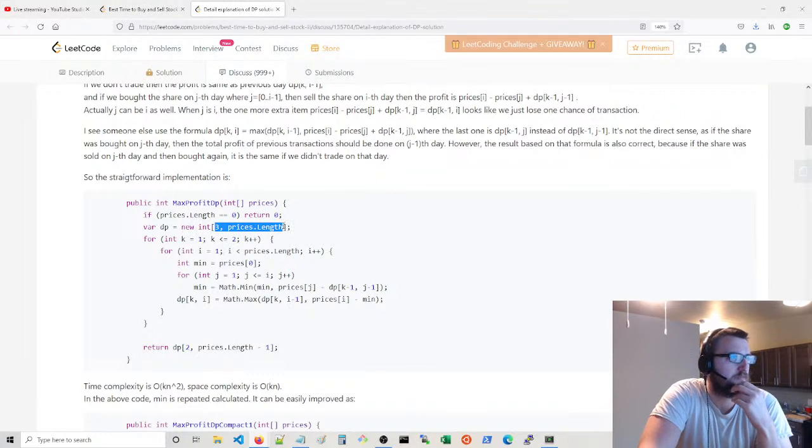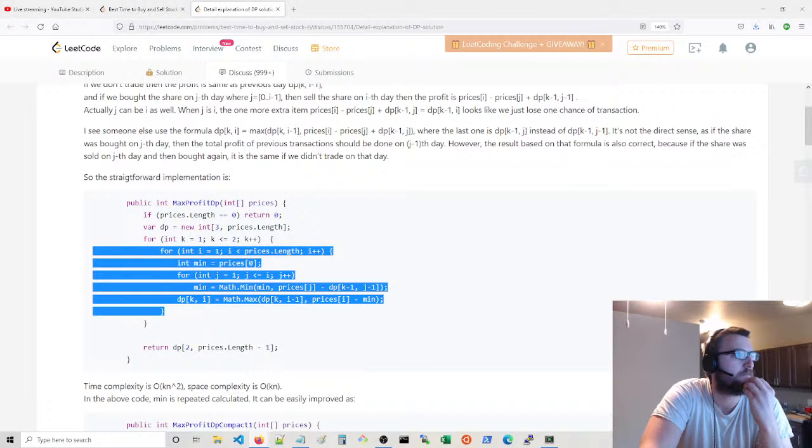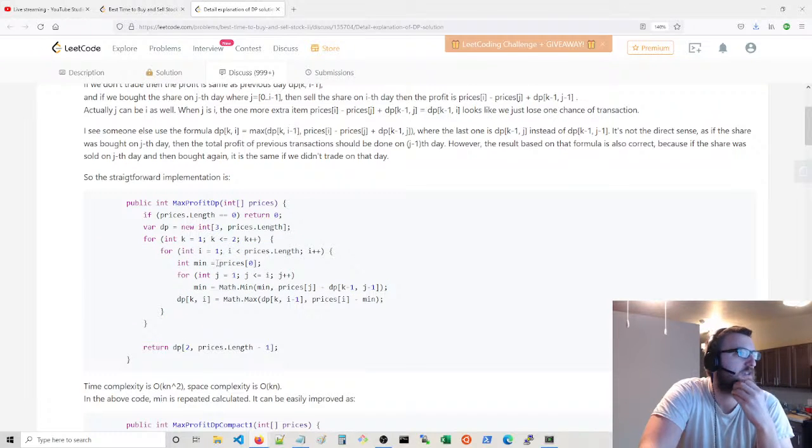So new int of prices.length for the DP. For each k, 1 less than or equal to 2, do the following. i is 1, we loop over the prices. The minimum is prices[0] initially.